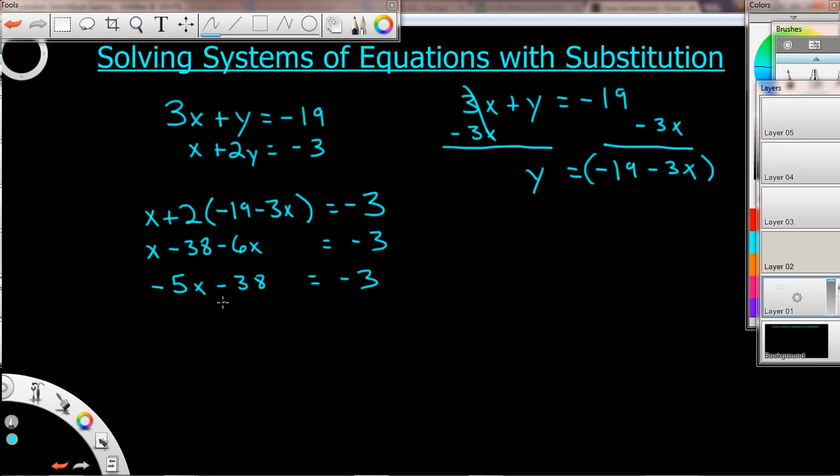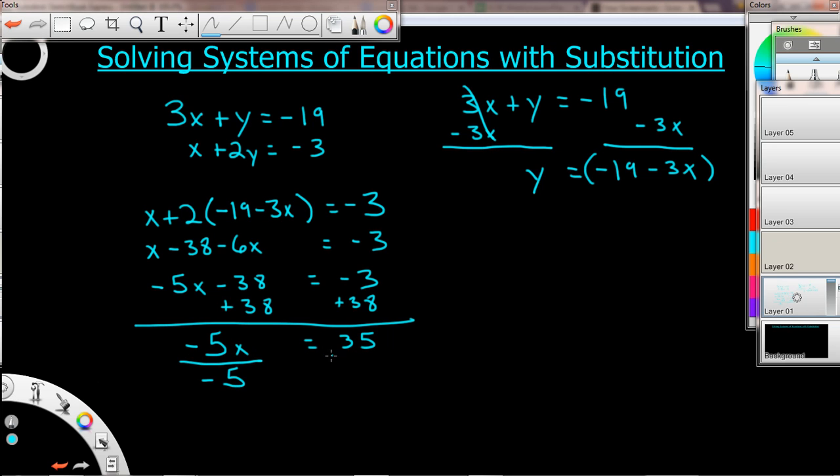And I'm going to add 38 to both sides to get this negative 5x by itself. Negative 5x is equal to 38 minus 3, which is 35. Okay, divide by negative 5. Solve for x, and we get that x is equal to negative 7.